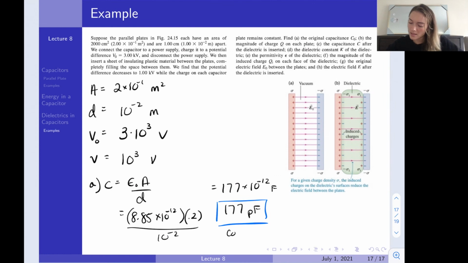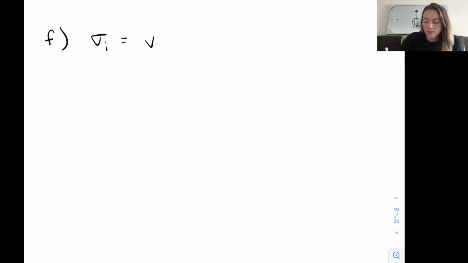And now let's see part F, the magnitude of the induced charge on the dielectric, the bound charge on each dielectric surface. So let's start here. We found the formula for this yesterday: the induced or bound charge was given by the free charge times 1 minus 1 over the dielectric constant.